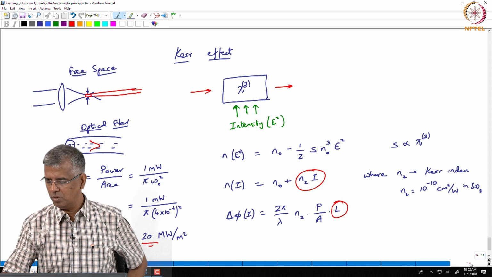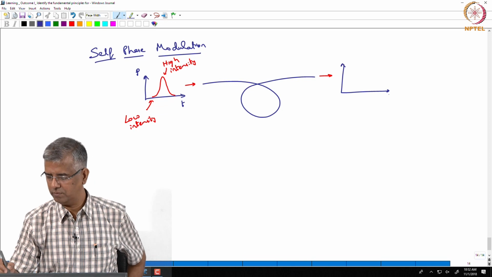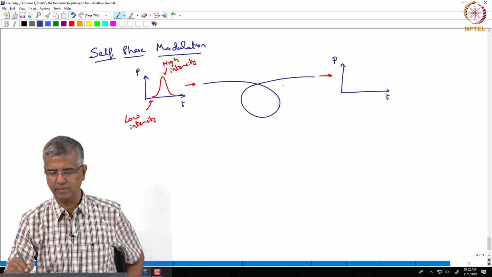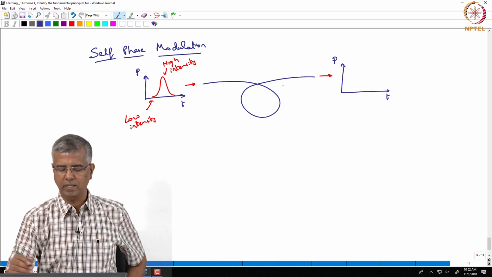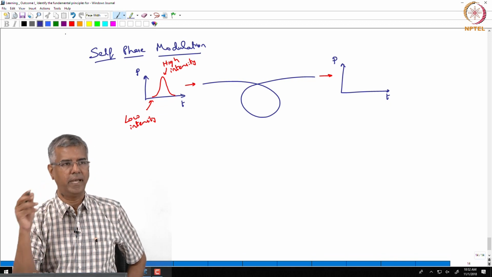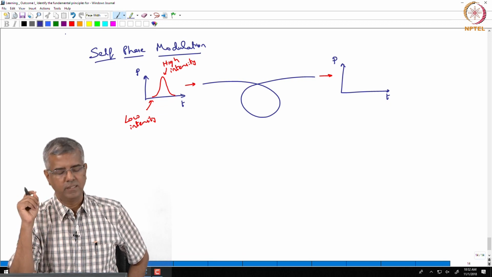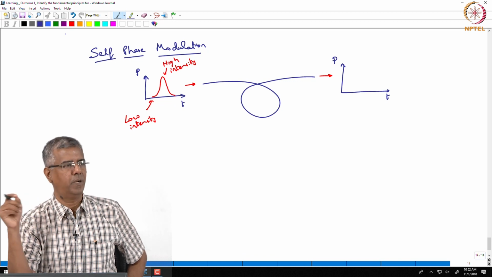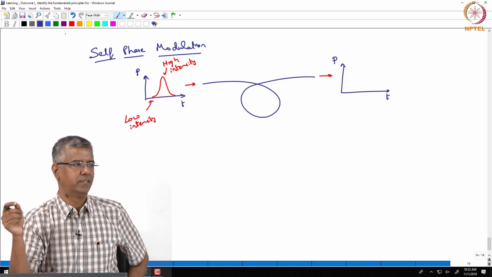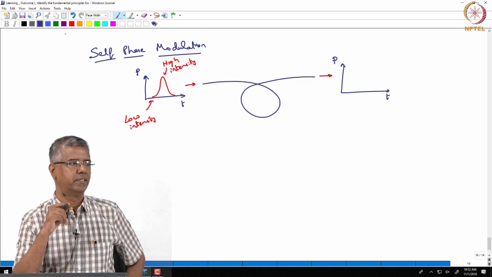So, what do you think is going to happen to that output pulse? Is it going to remain the same? No, it is going to get distorted, right. And how does it get distorted? Your high intensity part of your pulse, right, is actually seeing a larger refractive index, because it is corresponding to N0 plus N2I, right. So, because of the larger refractive index, it is going to undergo a phase delay, right.